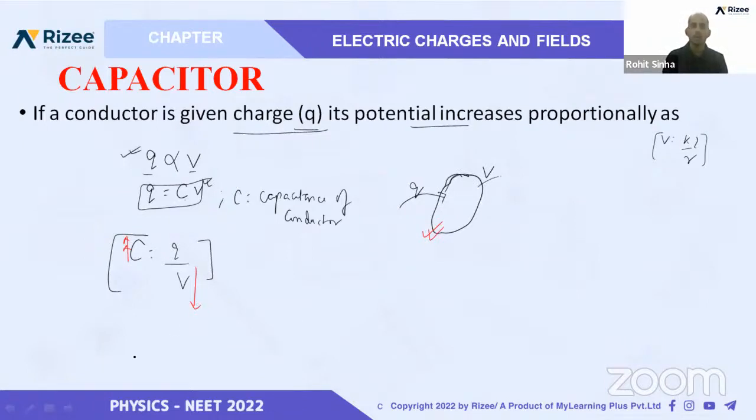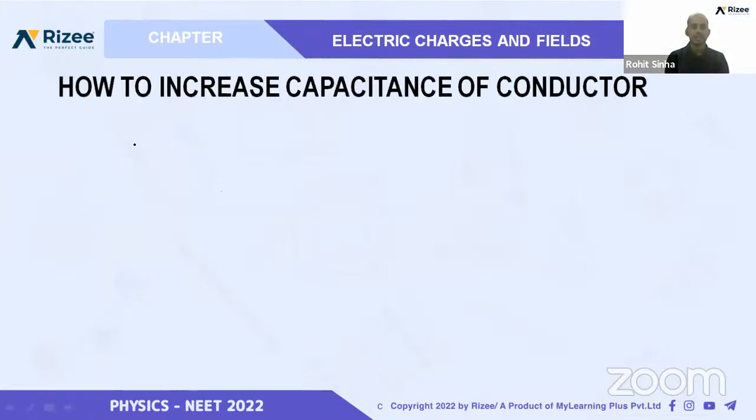In our next slide, we will study how to decrease the potential of a conductor, so that its capacitance will be more. Let us discuss how we can increase the capacitance of a material.